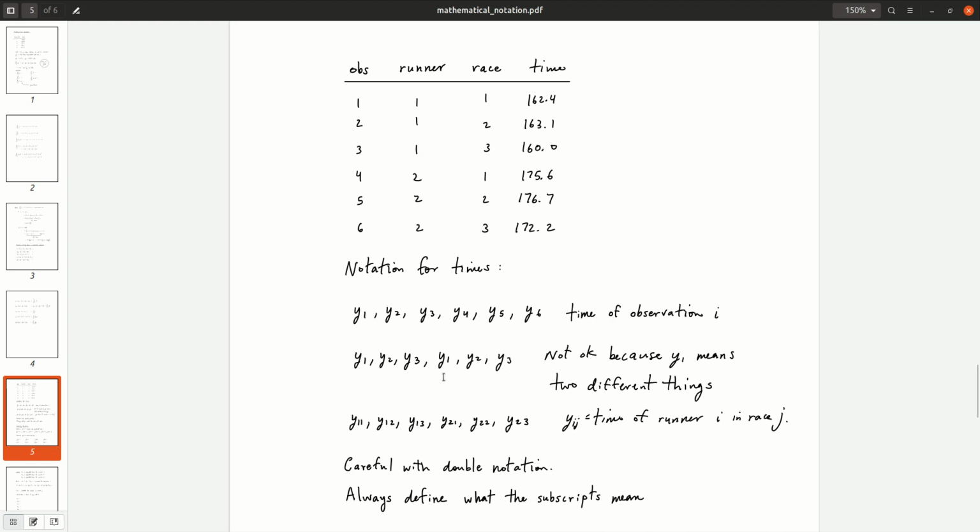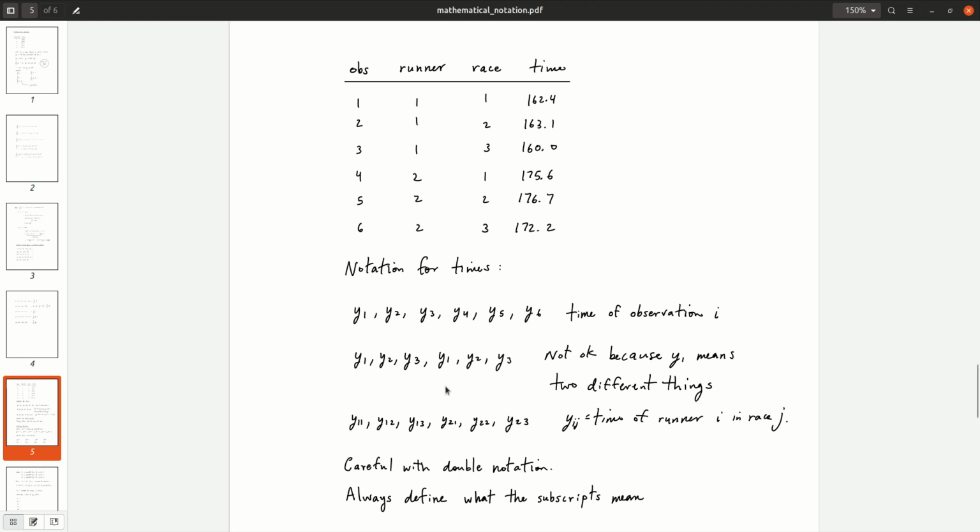So now if you were to refer to Y sub 2 somewhere later in the paper as the time for race 2, now it's ambiguous which specific observation this refers to. It could refer to this one, 176.7, or it could refer to this one, 163.1.